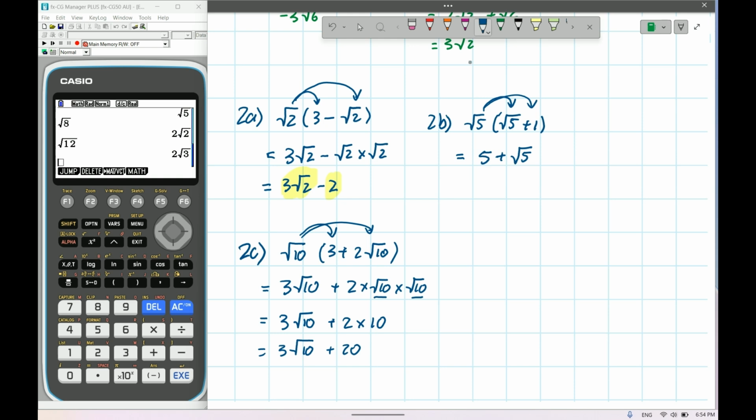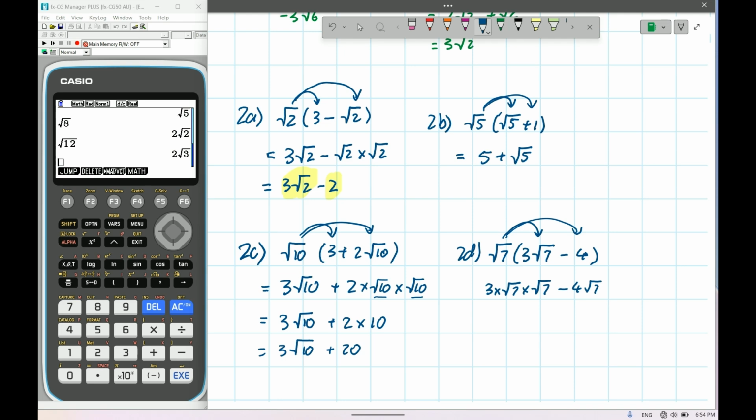All right. And then for 2d, root 7, 3 root 7 minus 4. So same thing, 3 times root 7 times root 7 minus, sorry, whoops. And then this will times that, minus 4 root 7.